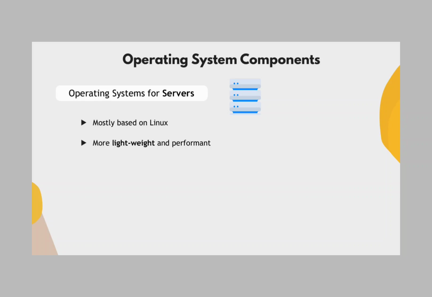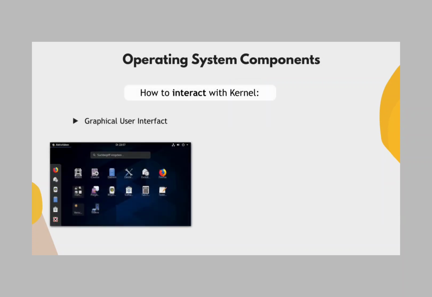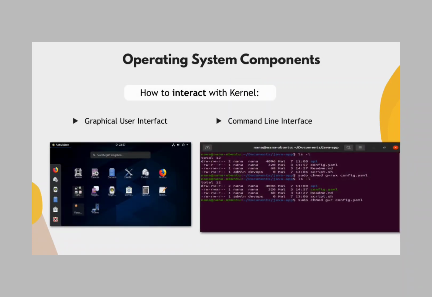For example, the server operating system distributions usually do not have a graphical user interface or other user applications like browsers or players, etc. You just have a command line interface to interact with the machine. So the graphical user interface or command line interface of the application layer is used to interact with the kernel, which means the kernel can't be accessible or can't be used without the operating system's user layer.